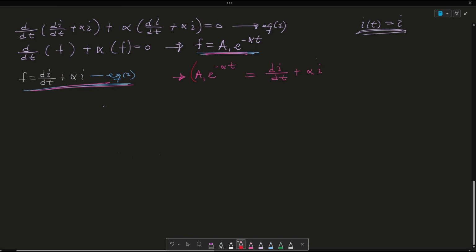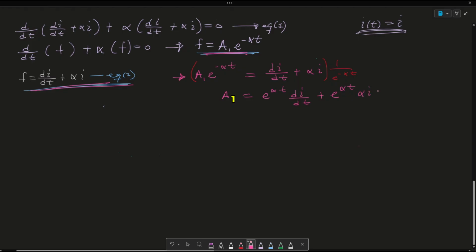Let me go ahead and multiply this by 1 over e to the minus alpha t. I explained this in the last video, but I can put this in the denominator because it would never go to 0. So then when I do this, I get A1 is equated to e to the alpha t dI over dt plus e to the alpha t alpha I.